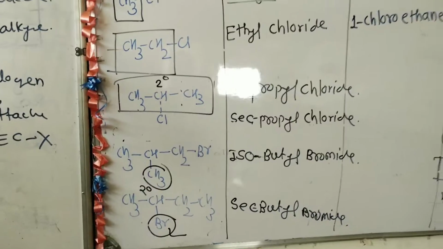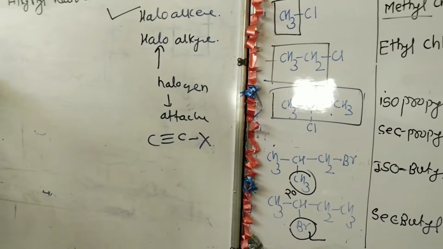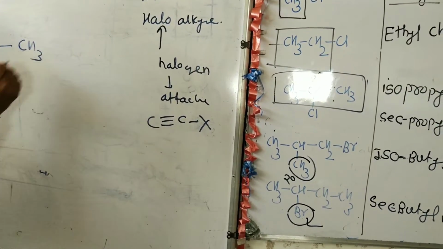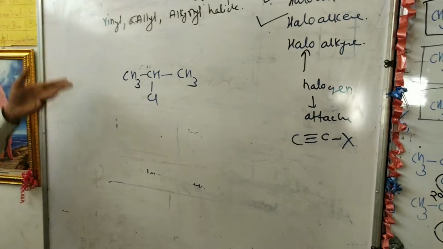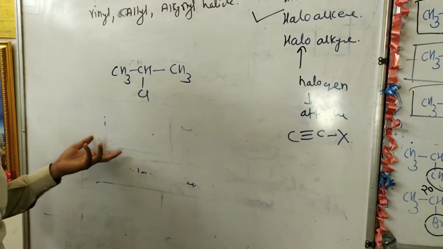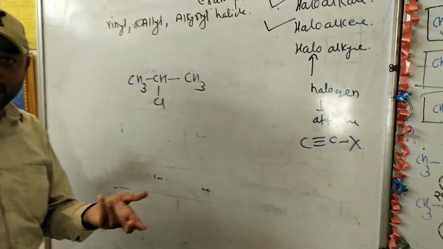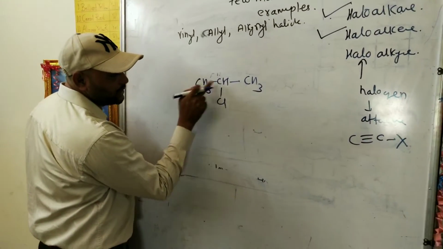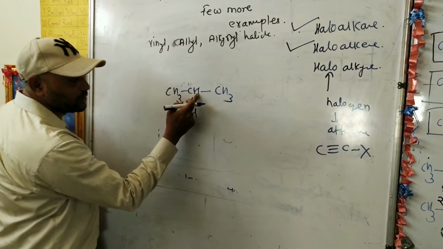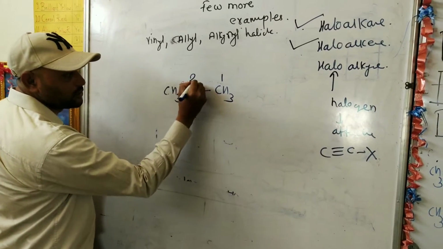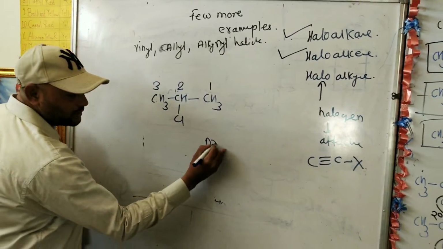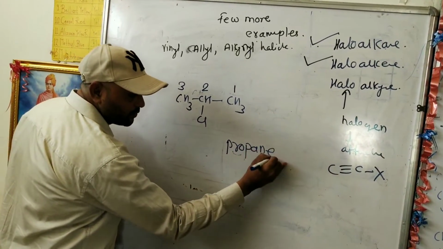Take another example here. CH3CHClCH3. So what is the rule for IUPAC? Again, select the longest chain from where chlorine is near. So we can number from both sides, 1, 2, 3 or 1, 2, 3. 3 carbon, that's why we call it propane.